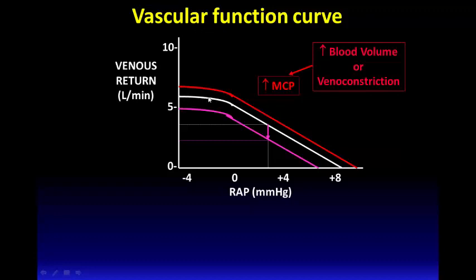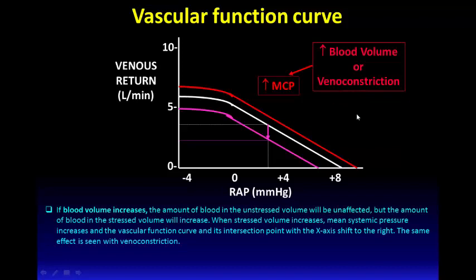So this is the venous return curve with normal blood volume and normal venous capacity, and this is the venous return curve with an increased blood volume or with a decreased venous capacity when there is venoconstriction. If the blood volume increases, the amount of the blood in the unstressed volume will remain the same, but the amount of the blood in the stressed volume will increase.